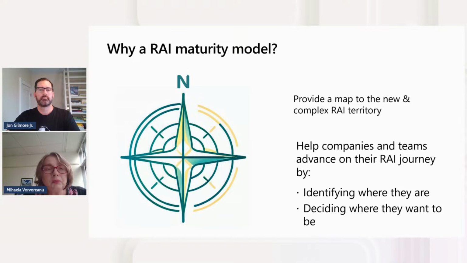And so, with this maturity model, I was hoping to provide a map to this new and complex responsible AI territory so that companies and teams could maybe advance on the responsible AI journey by identifying where they are and, most importantly, deciding where they might want to go.